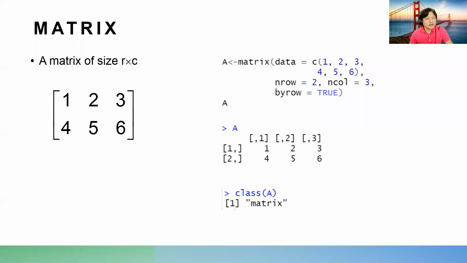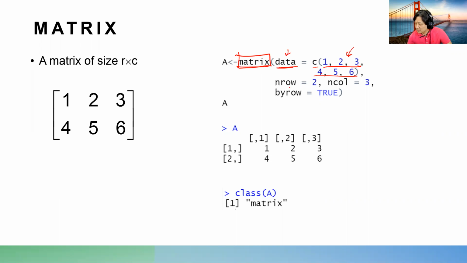So it's easy. And now we can talk about how we can make a matrix using R. We can use the matrix function. So the matrix function, and then you put the data, right? This is a numeric vector. I put 1, 2, 3, 4, 5, 6. These are all the elements, right?